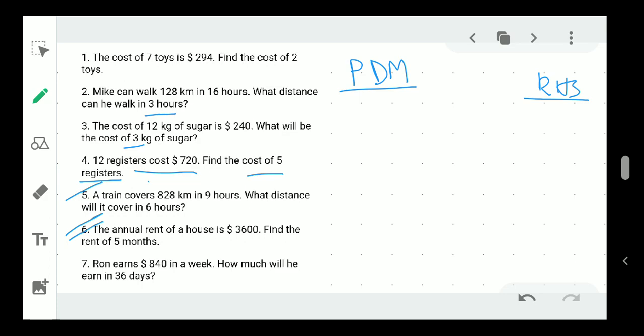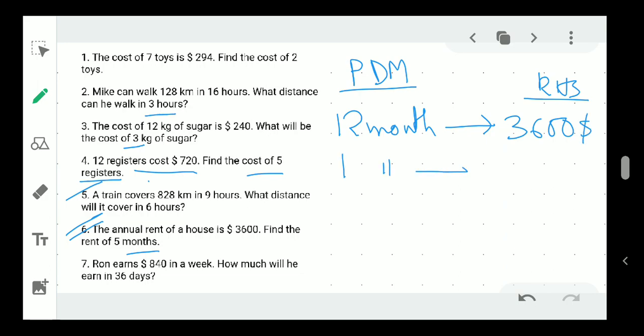So what I will write, that the annual rent of a house is this much. But I have to find for 5 months. So I know that annual means total, there are 12 months in a year. So I will write 12 months. It will cost me to stay there 3,600 rupees or $3,600. So in 1 month, PDM, that means division first.